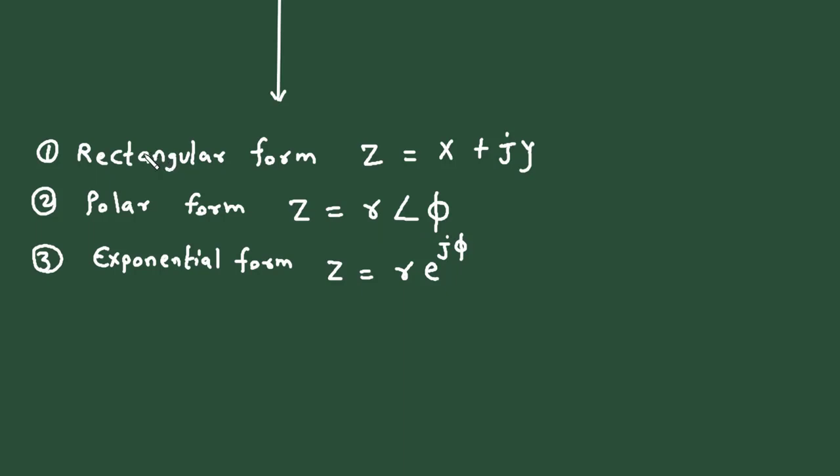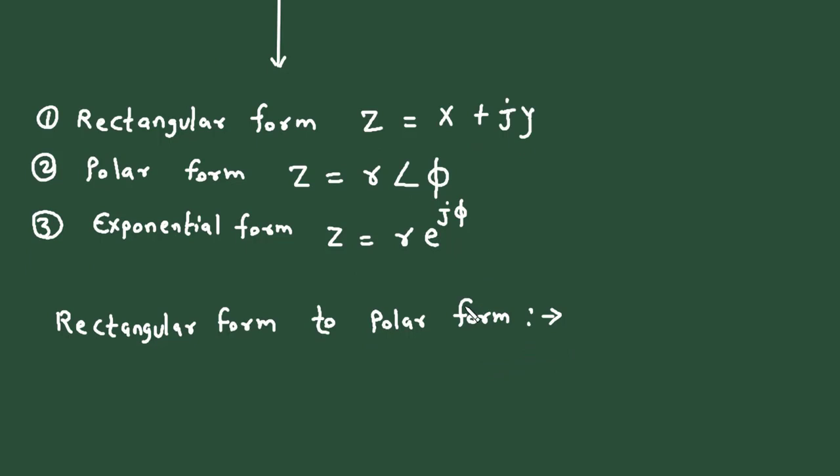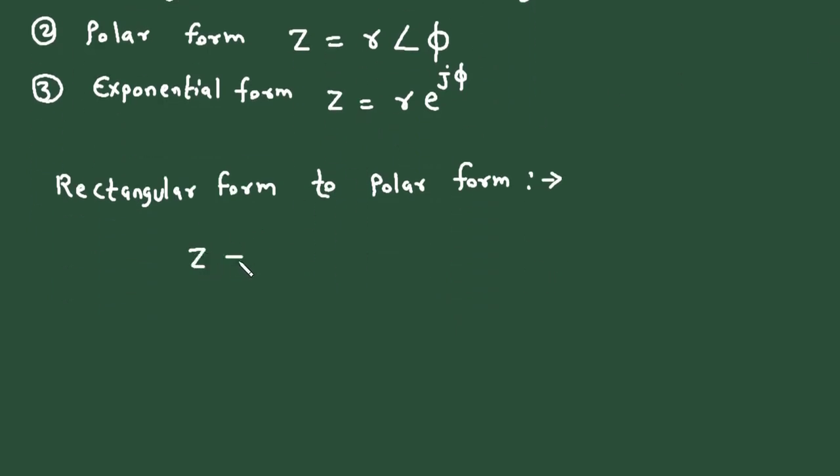Now suppose if we want to convert rectangular form to polar form, then z is equal to x plus jy.